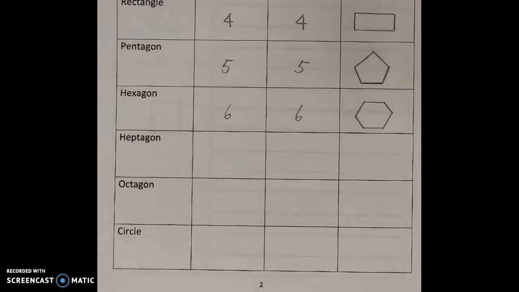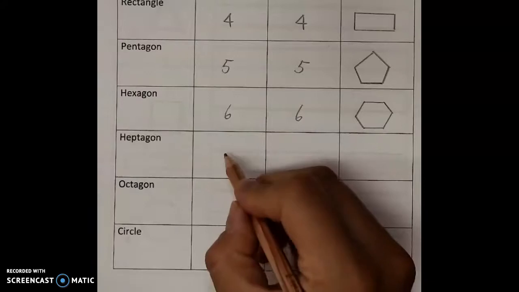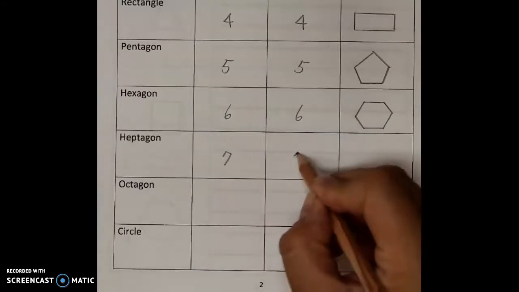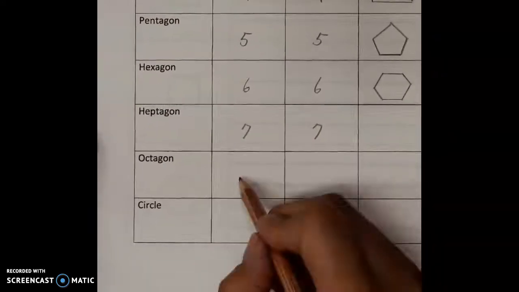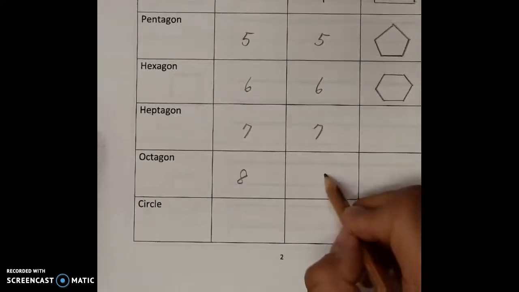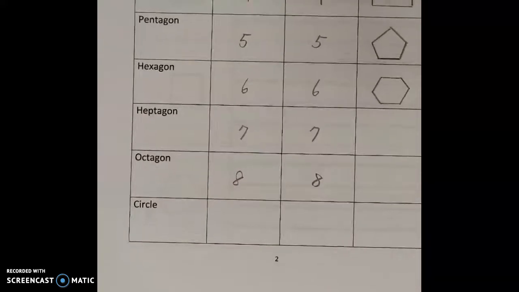Okay, let's go on to heptagon, octagon. I'm guessing it right. 7 sides, 7 angles, 8 sides, 8 angles.